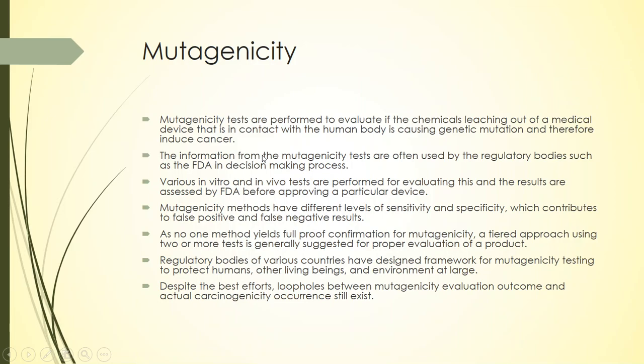So what happens is, if the mutagenicity test is passed, then the FDA will say, okay, such and such device is not going to pose any risk of cancer, and therefore it is okay to be marketed and so on. Various in vitro and in vivo tests are there to evaluate mutagenicity, and the results are assessed by the FDA before approving the device.